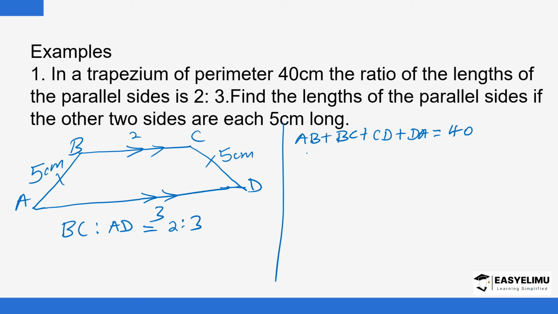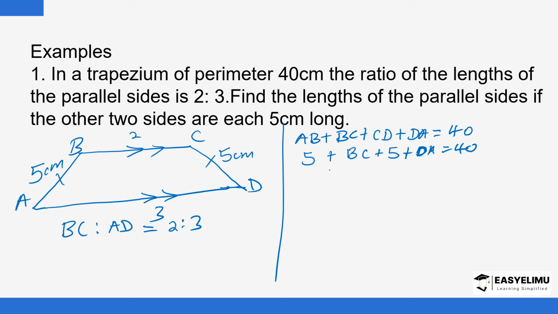AB is 5. BC, I don't know what it is, so let me just call it BC. CD is also 5. But DA, I don't know what it is, so I'll just call it DA. So this is equal to 40.